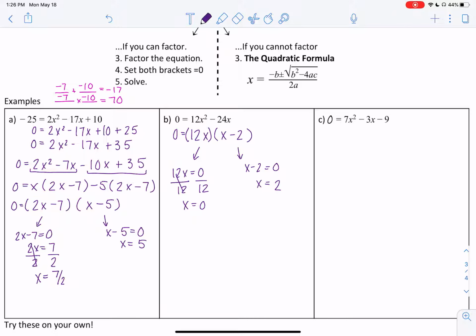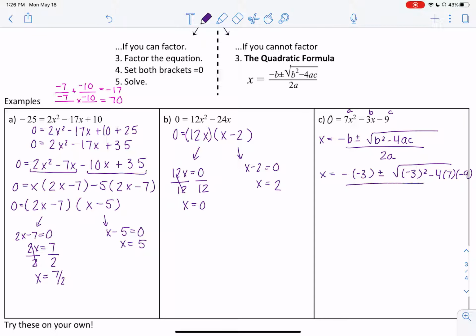So what we do is we identify our A, our B, and our C, and we sub it all into our quadratic formula. We'll have -3 plus or minus the square root of -3 squared minus 4 times 7 times -9, all over 2 times 7.